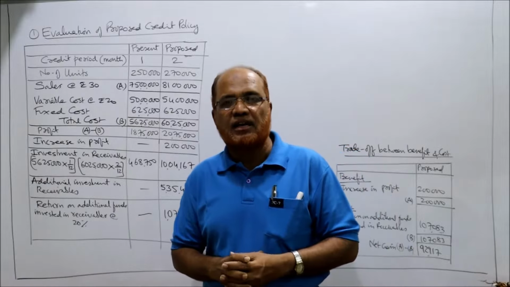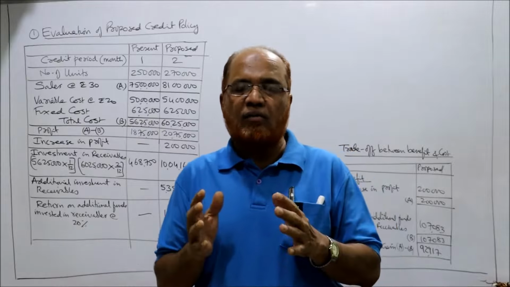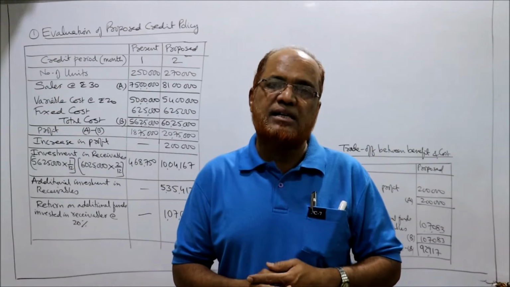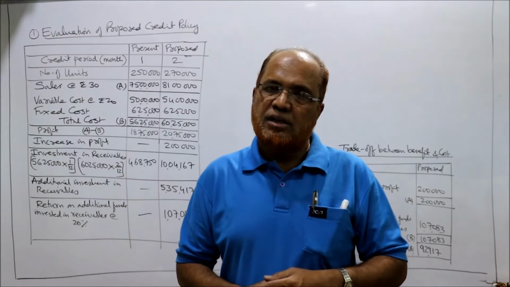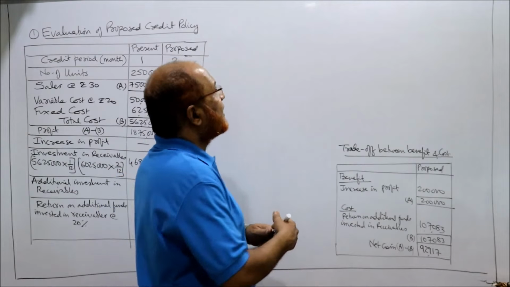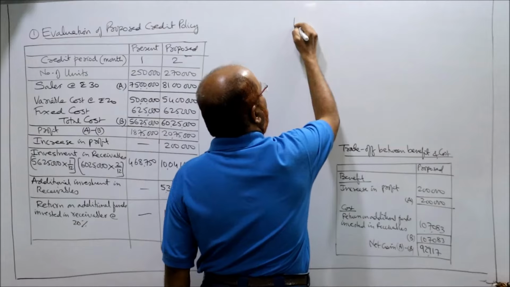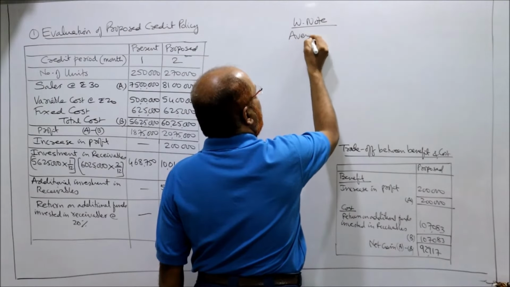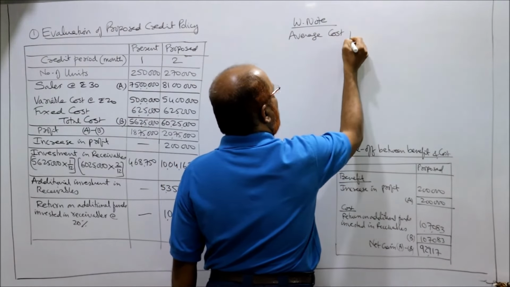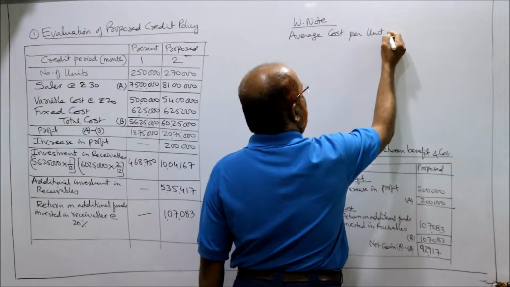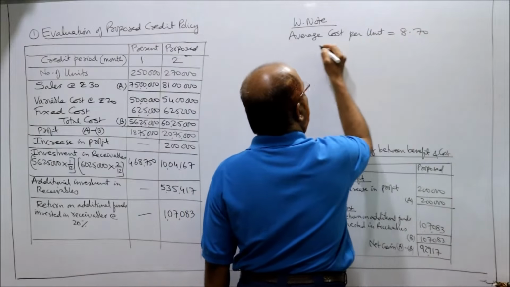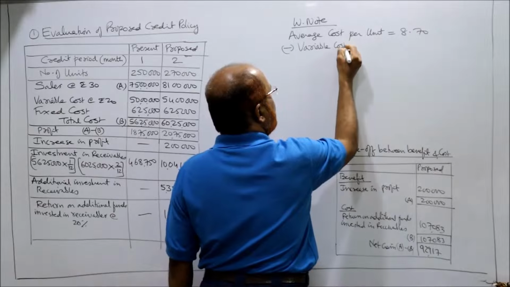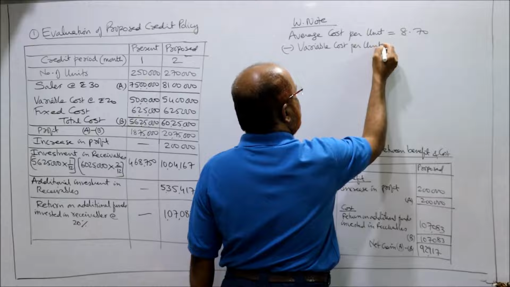Should the firm carry out the proposal? Assume 360 days in a year. Actually, number of days in a year will be 365, but for our convenience in calculations, we treat the number of days as 360. Right? So again, in working note, average cost per unit is 8.70 minus variable cost per unit.